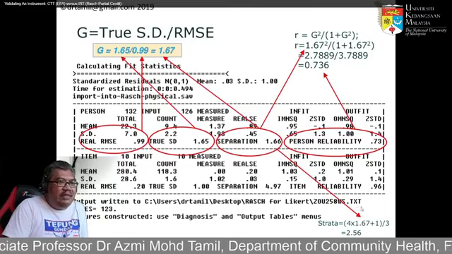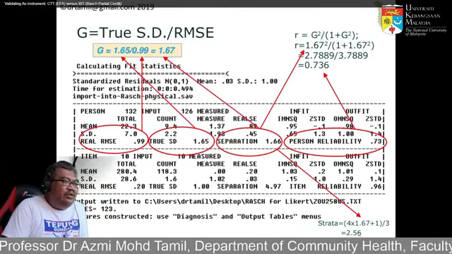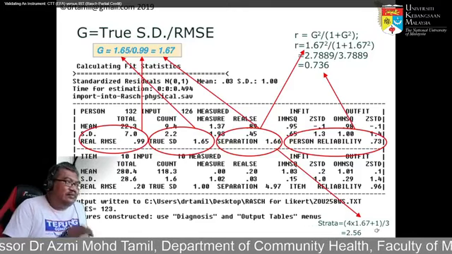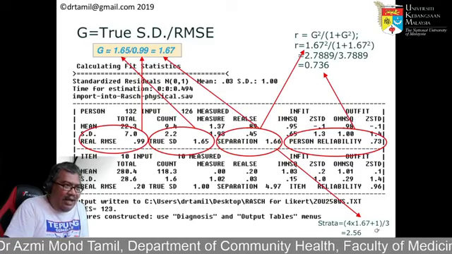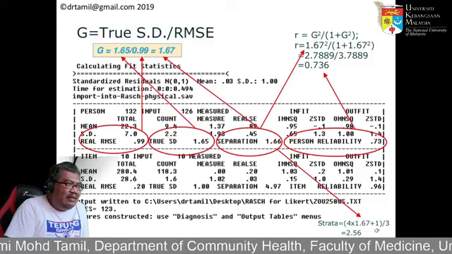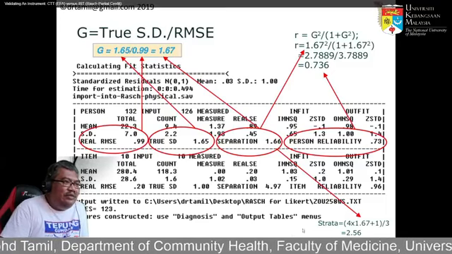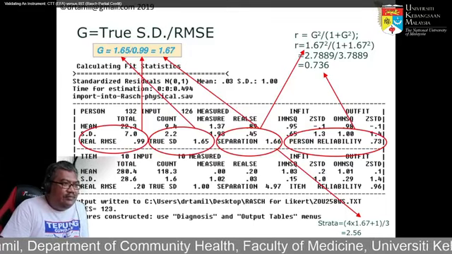Based on the separation, you can split your respondents into 3 groups. So that is how Cronbach alpha is calculated inside Rasch, not the same way as we did earlier using SPSS.